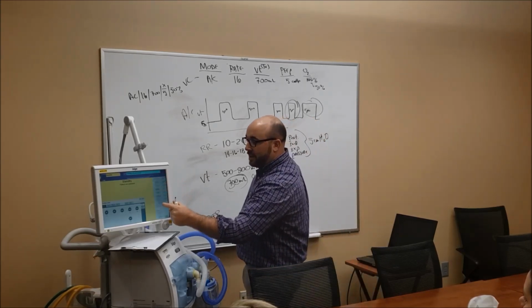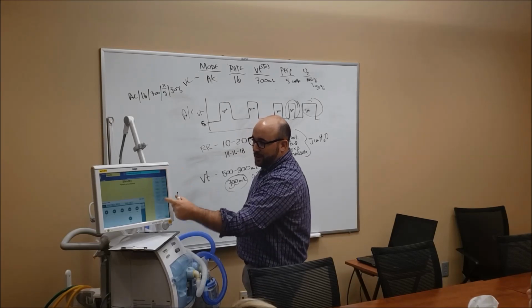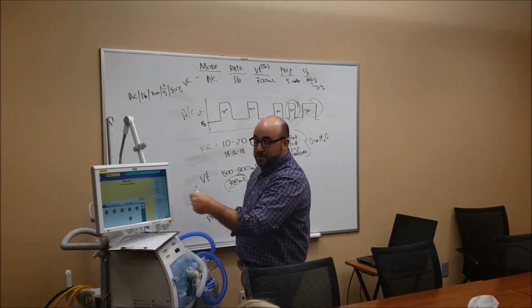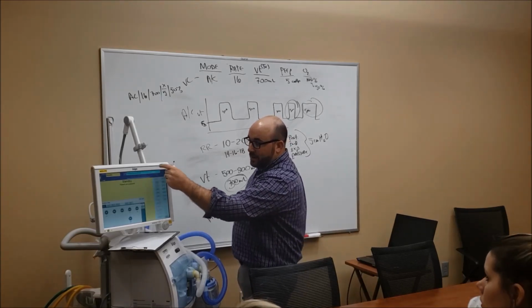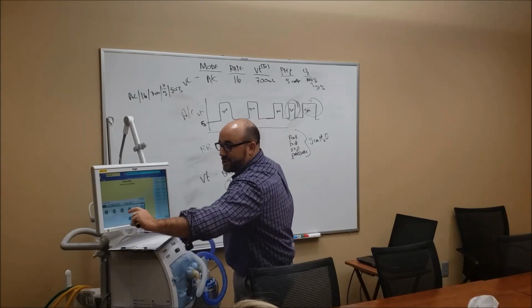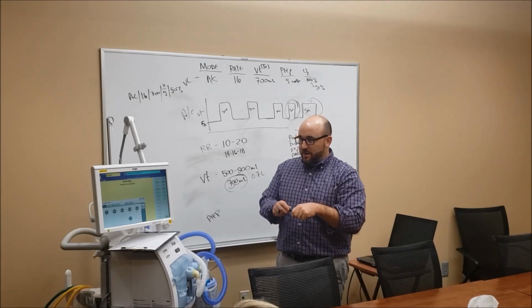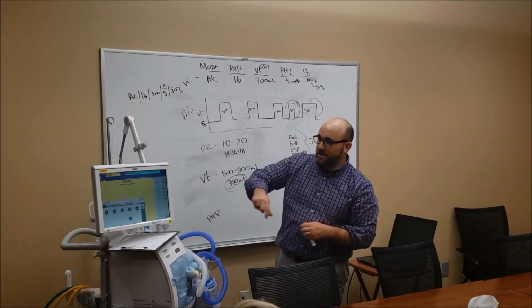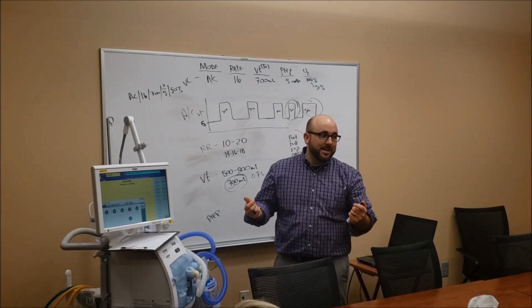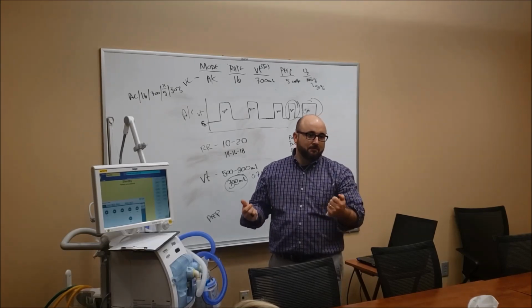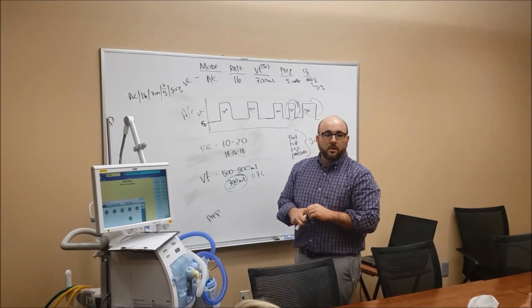On the side over here is going to be a bunch of values, including total respiratory rate. These are patient values. Across the bottom is your settings. So if you're reading settings, you're looking across the bottom. If they ask what the patient values are, you look over on this side and say, the vent right now is saying they're breathing at 18. If that's high, we need to do something.